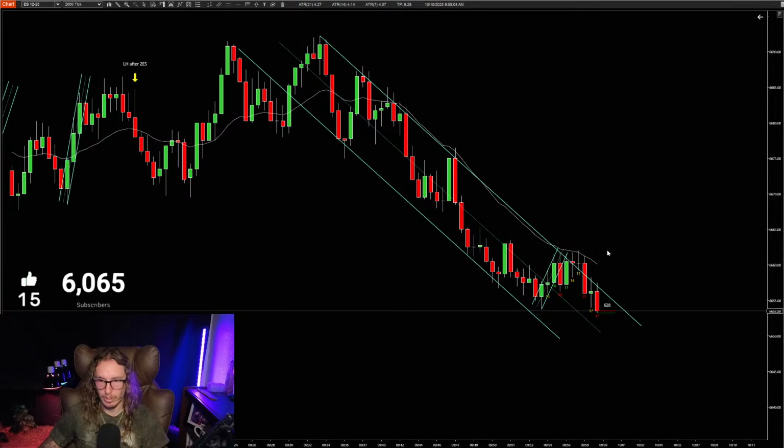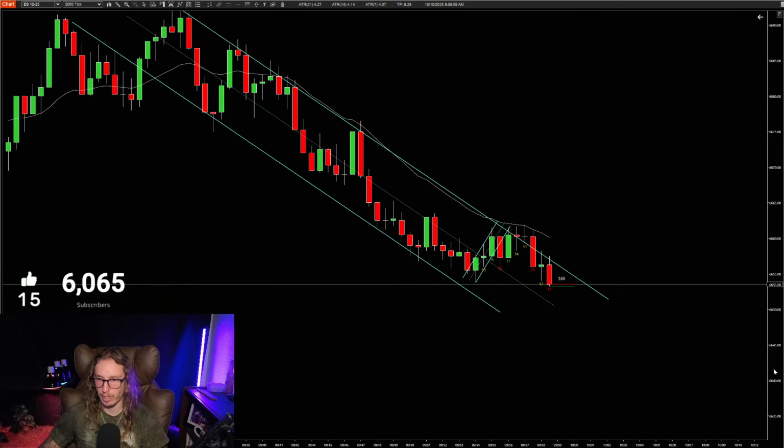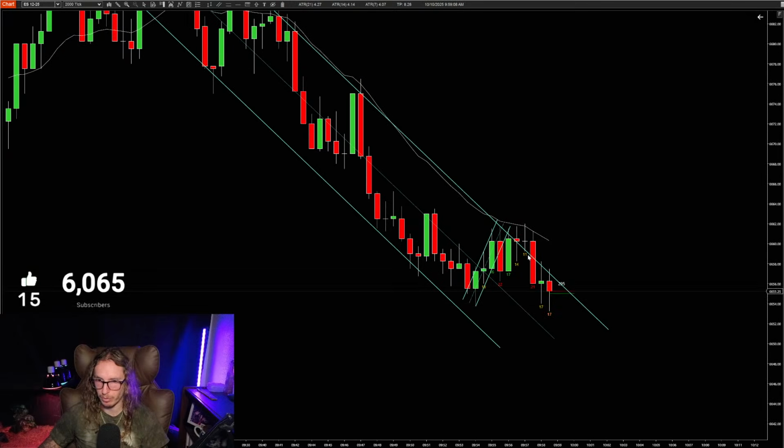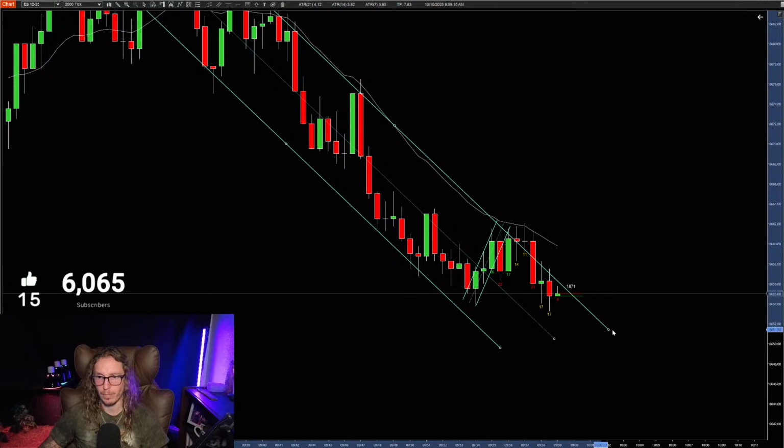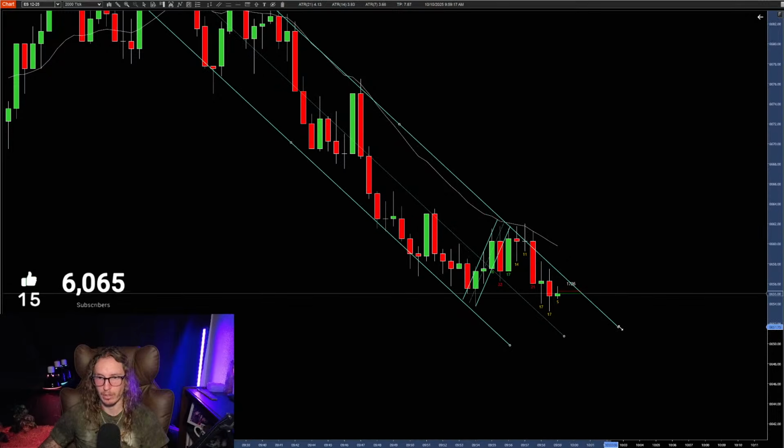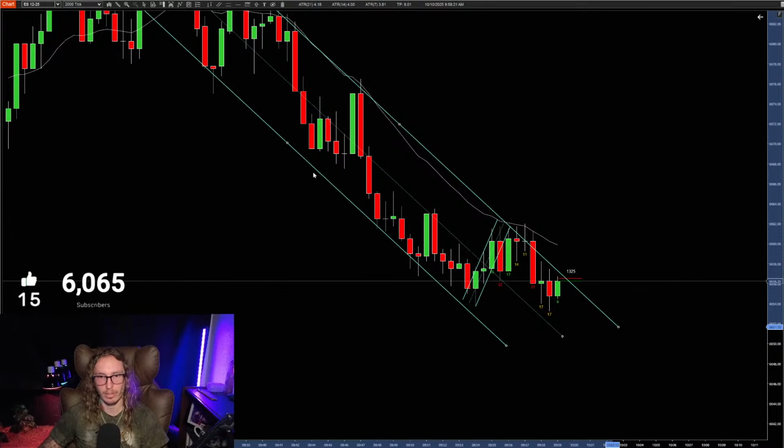Yeah, nothing really. Well, there was a second entry short there, but the signal bar didn't qualify. It was too neutral. If it closed one tick lower, it would have qualified, but it closed too neutral for me. This is probably not really a close outside. This is probably just a very slightly wider channel like this, because that still fits pretty nice.